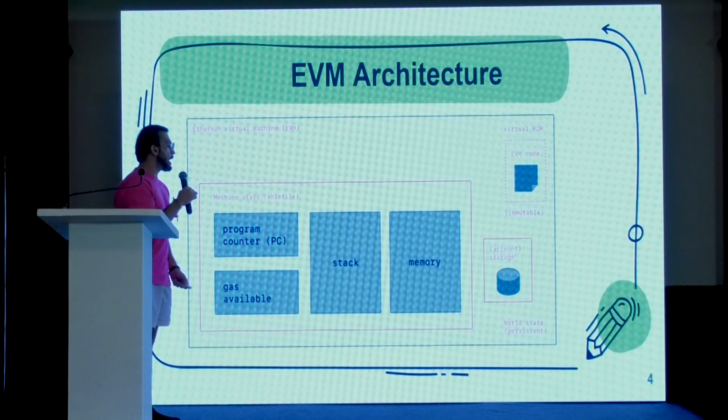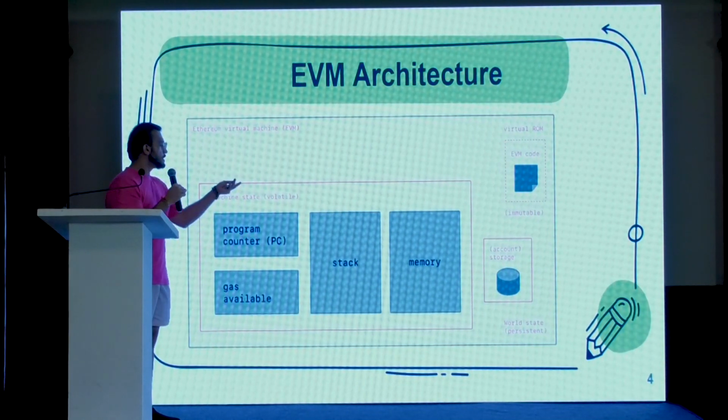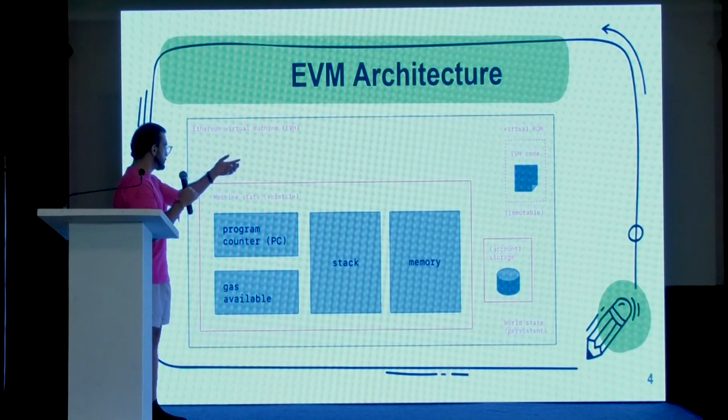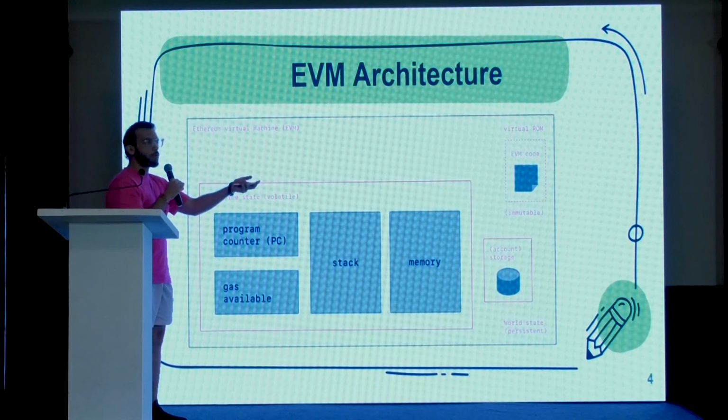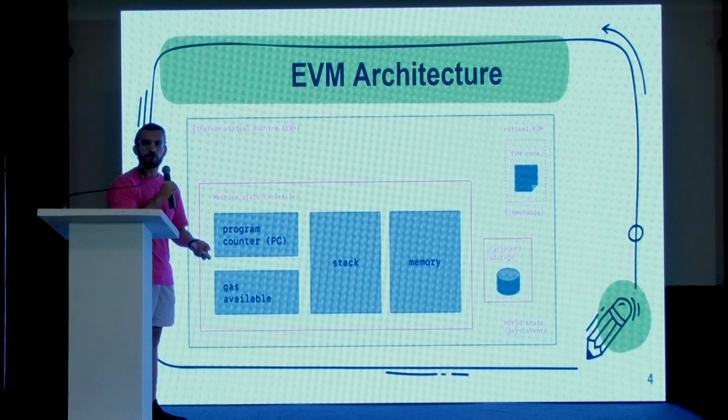This is an immutable part. This architecture is based on each smart contract's instance, and the code is pretty much immutable, like you all know. You cannot change the code once it's deployed.